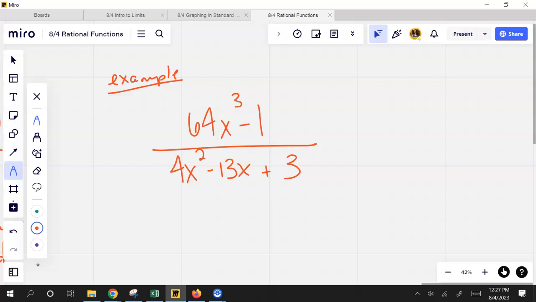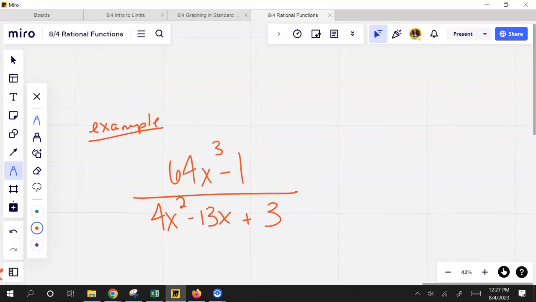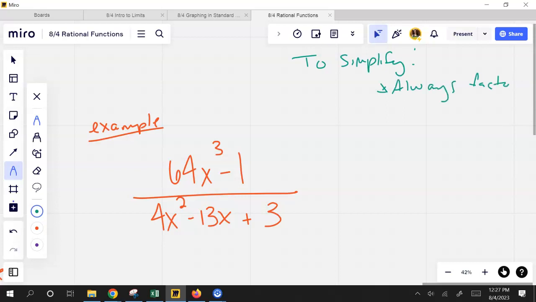What should we do? Let me put a little note here. Always factor everything first, then cancel. If you're taking notes and you want this in your notes.